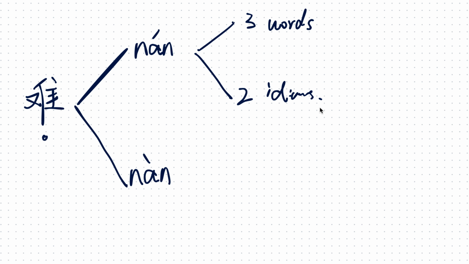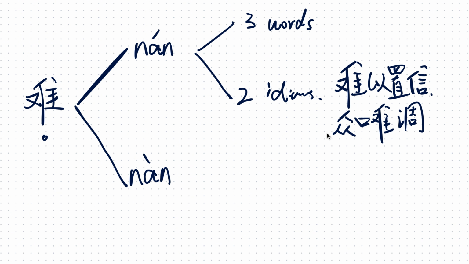So you might need to find several idioms that have this character using this pronunciation. I will give you 2. 难以置信 means hard to believe. 众口难调 means different people have different tastes, and it's hard to make everybody like the same thing.